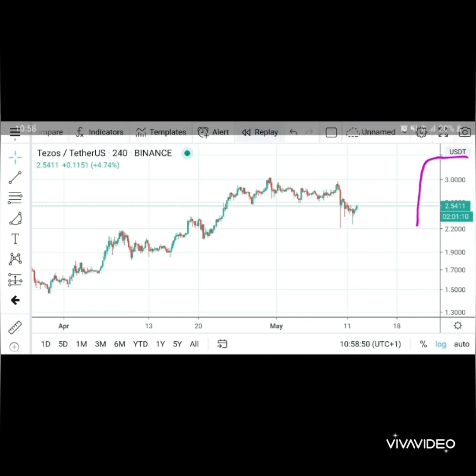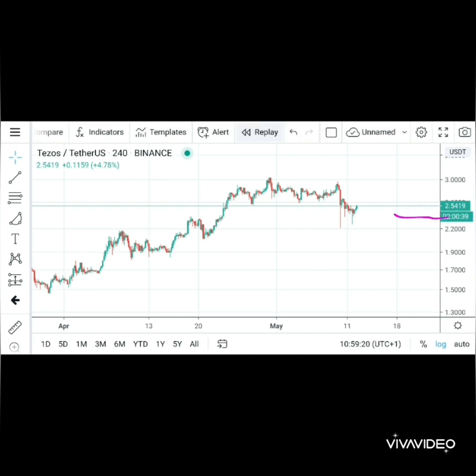So another important thing is this one over here, your price scale. This upper green one here, 2.5431, is the current price that this is trading at. This is a 4-hour time frame. You have the time counting down below here.